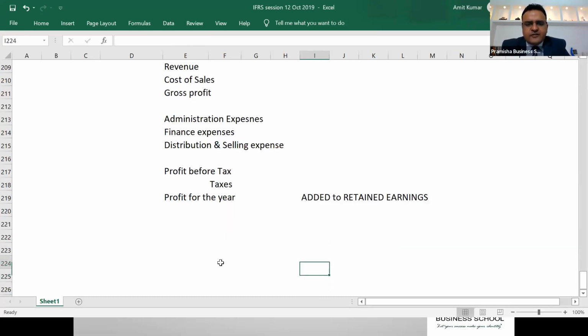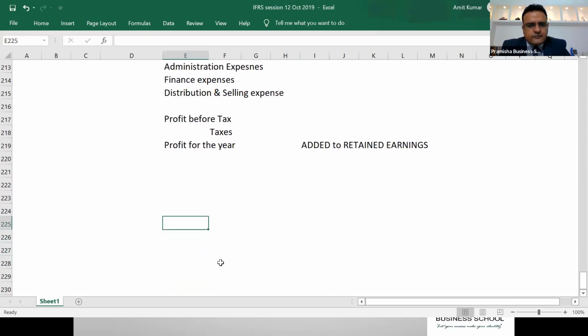The same statement begins with profit for the year, and in it there are items of other comprehensive income.